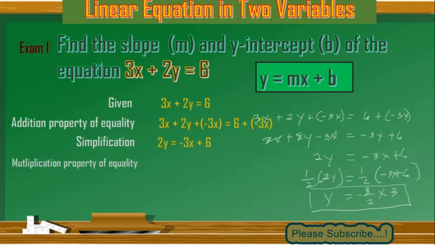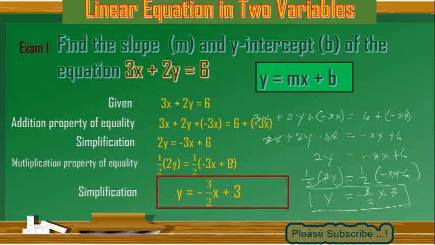But not yet, because what we did was just convert this to slope-intercept form. The problem is asking for the slope and the y-intercept. So the multiplication is the one we write here, then the result from simplification is this one.